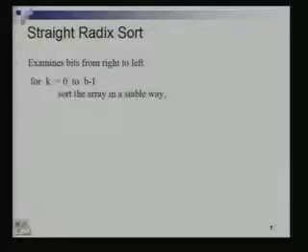So k equals 0 corresponds to the rightmost bit, the least significant bit, and b minus 1 is the most significant bit, and we are going to sort the array based on the kth bit in a stable way. So, sort the array in a stable way, looking only at the kth bit.